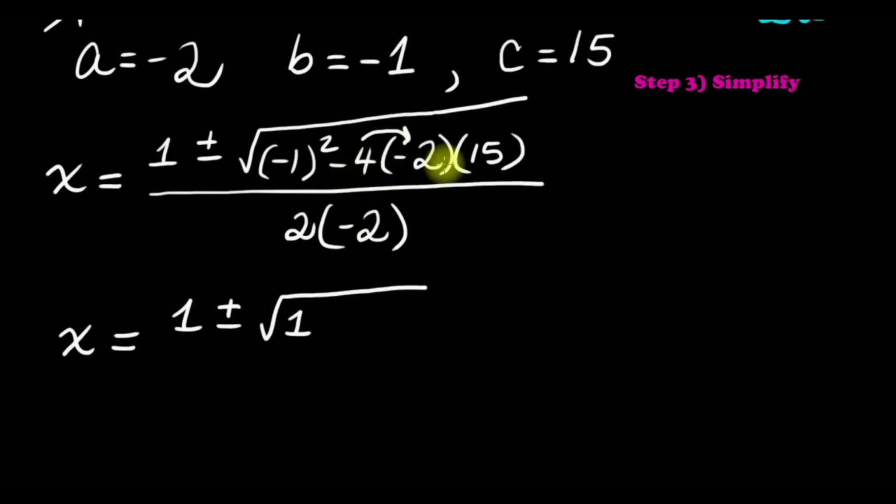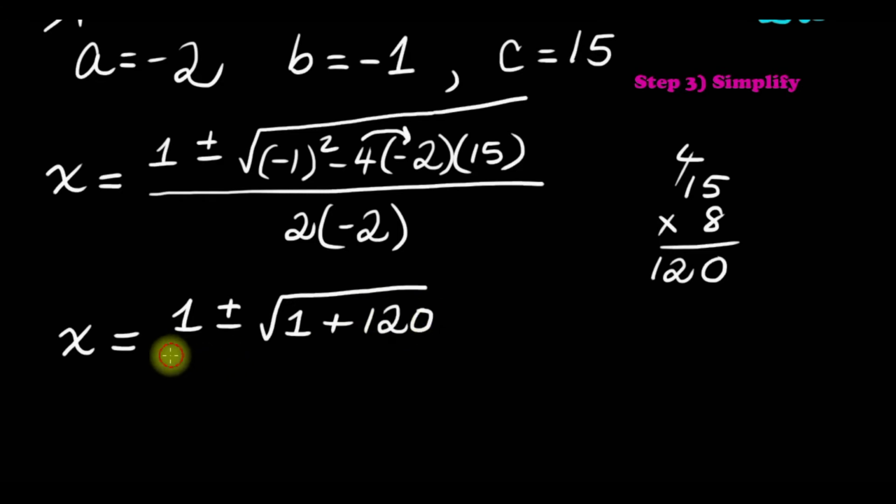So negative 4 times negative 2 is positive 8, and then positive 8 times 15. So that's going to be 15 times 8. Okay, 0, 4, and then that's 120. So 15 times 8 is going to give you 120, so plus 120. And that whole thing is over negative 4 because you got 2 times negative 2.